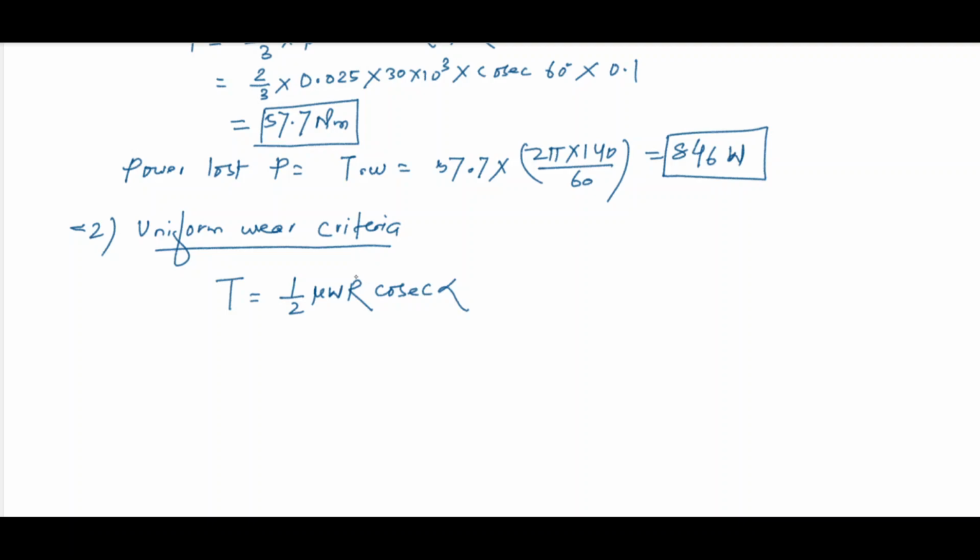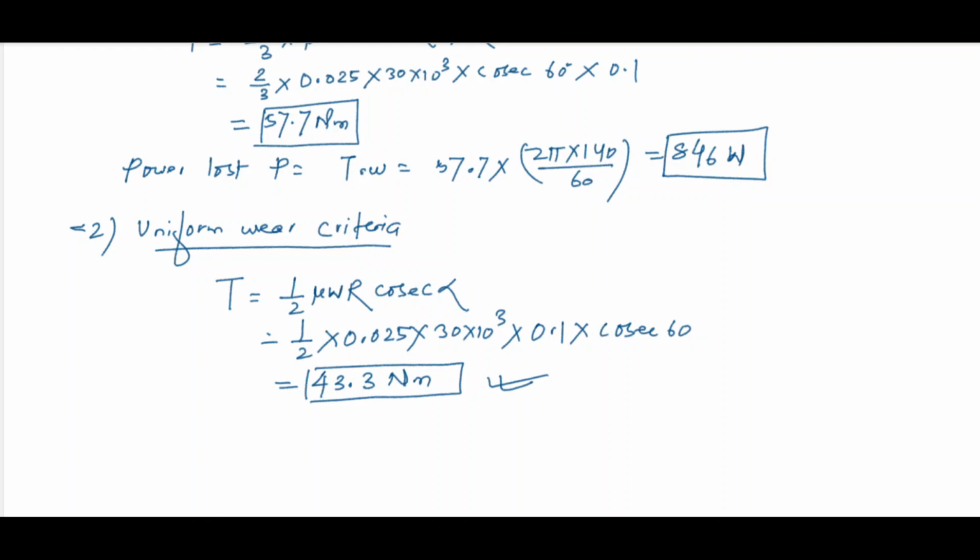So in that case you will choose the R value, capital R. So half into 0.025 into W is 30 into 10 to the 3, R you take as 0.1, cosec 60, so this will give you approximately 43.3 Newton meter.